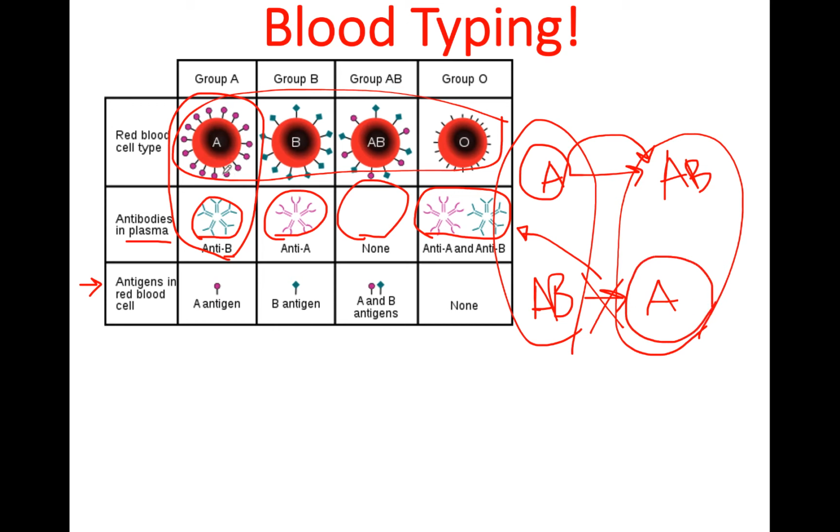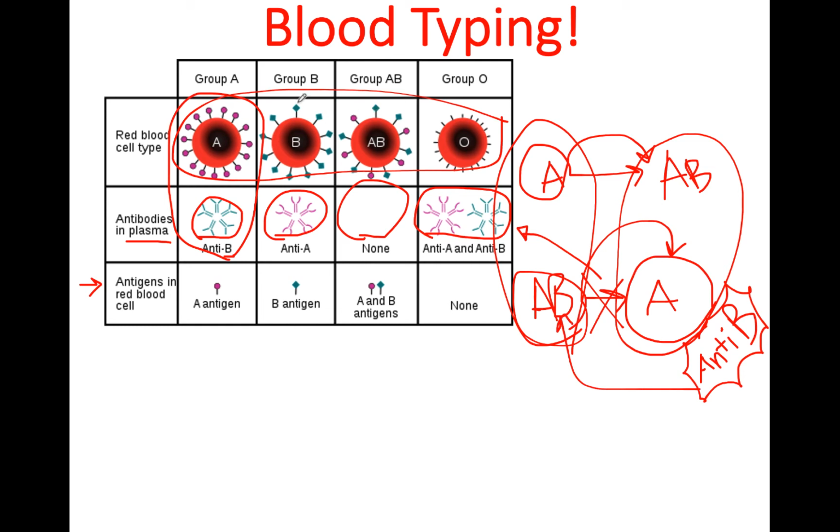A blood. What's in their plasma? An anti-B antibody. Anti means against, it's going to fight against B blood. So when you donate AB to this guy, the anti-B antibody is going to attack that B antigen.